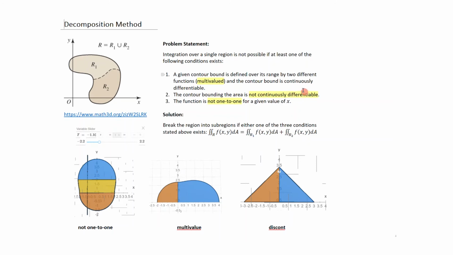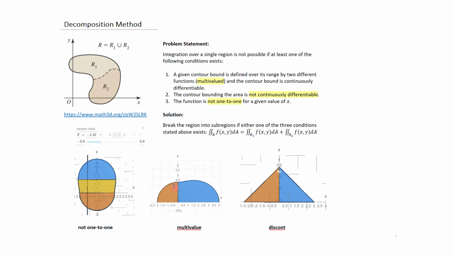So let's look at each one of these cases in turn by way of the pictures shown at the bottom of the slide. So let's take condition one, this being basically multi-valued. The contour is defined over its range by two different functions. So for example, here, we would have a function defining this boundary, but we would have a different function defining this boundary.